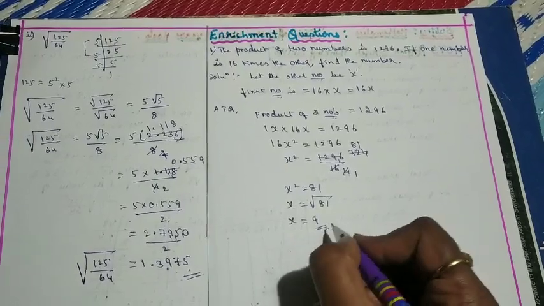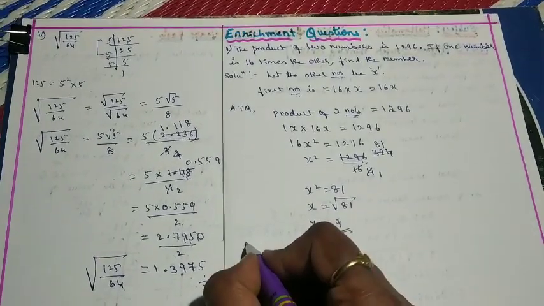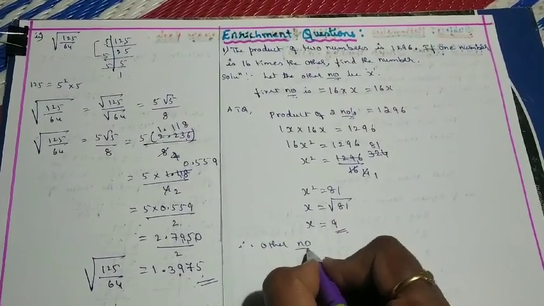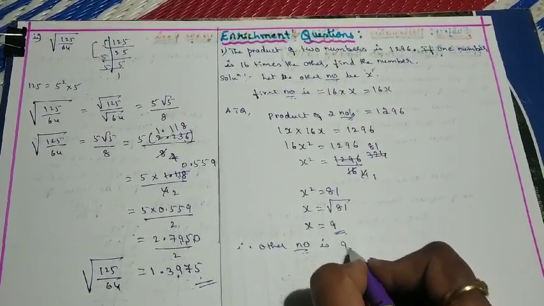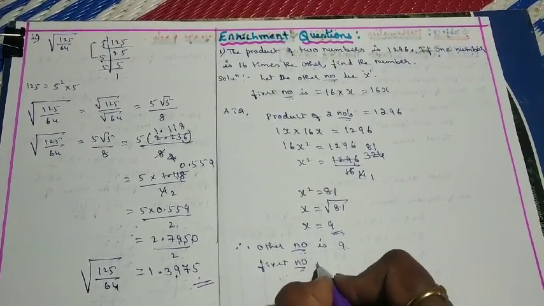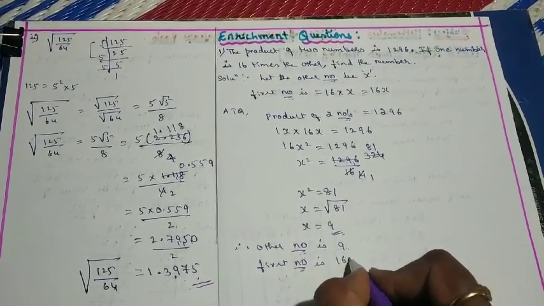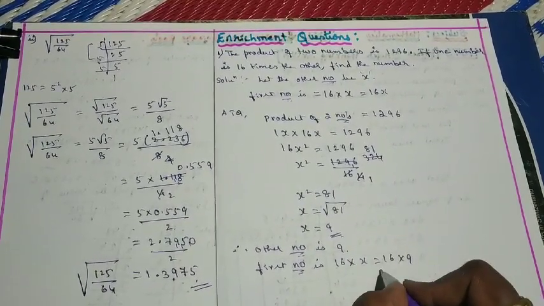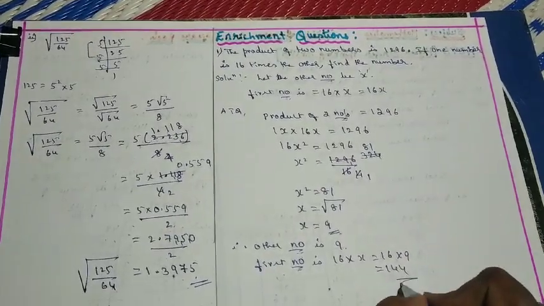So 9 is the answer. Therefore, the other number is 9 and the first number is 16 times the other. So 16 into 9, which is nothing but 144.